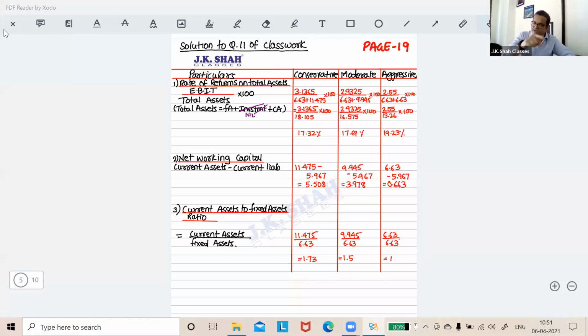Also, adequate current assets are kept as compared to fixed assets.